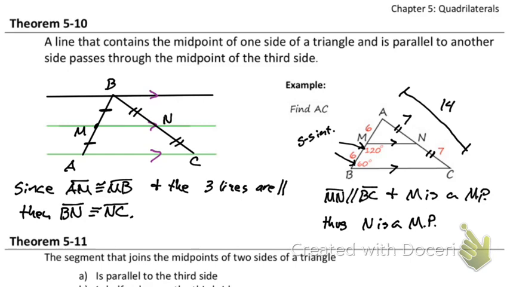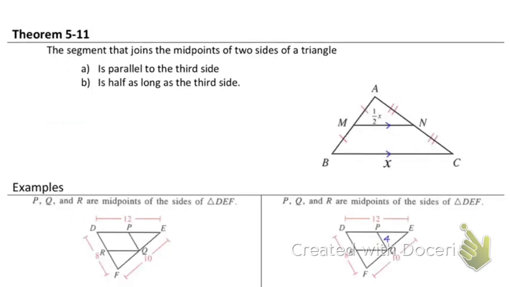All right, that leads us to our last theorem. Our last theorem says the segment that joins the midpoints. I forgot who asked about the converse. You asked about the converse. This one does have a converse. So this one says if it goes through both midpoints, then it has to be parallel.